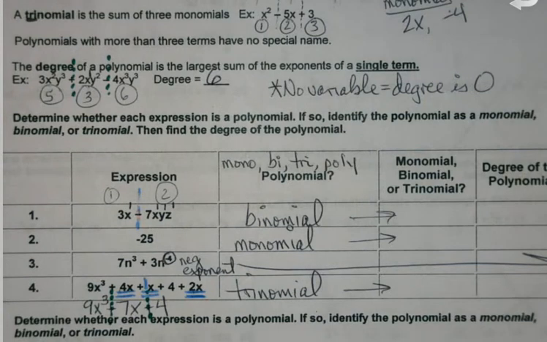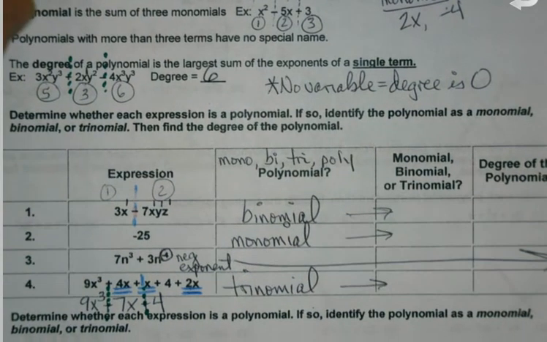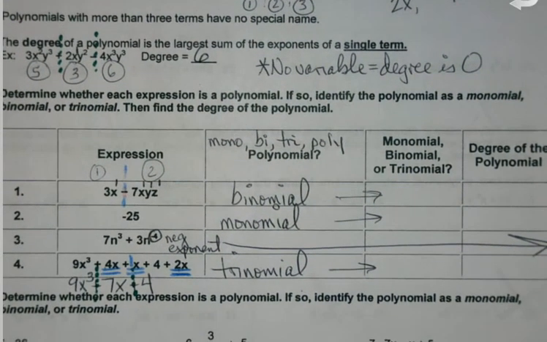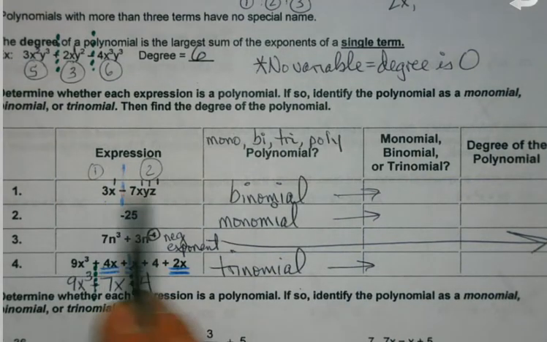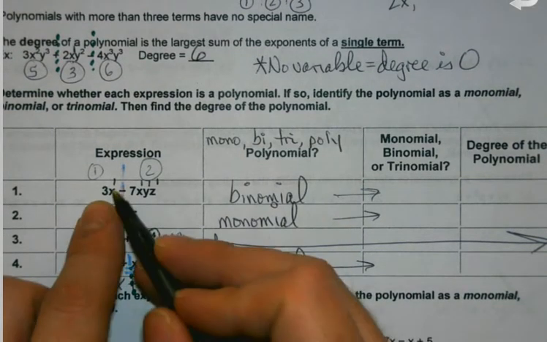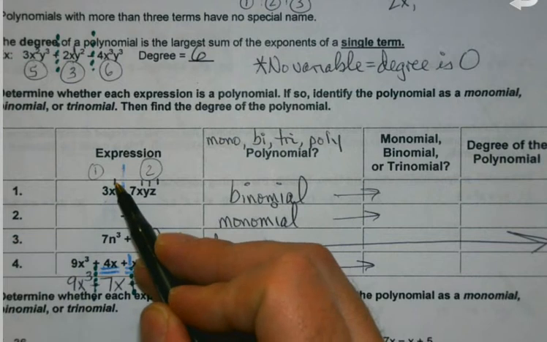So let's see here. Take a look. I got my two different terms. Which one has the bigger degree, and what's it going to be? It would be 3, because this one has a degree of 1. It just has a 1 on the x.